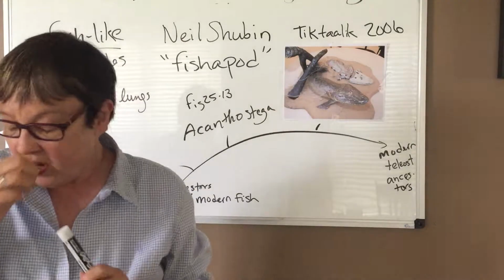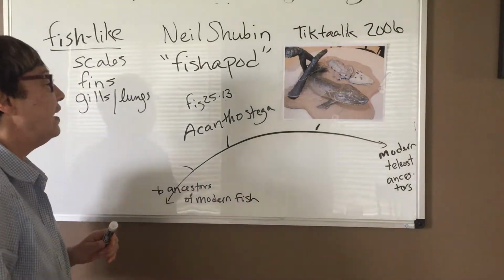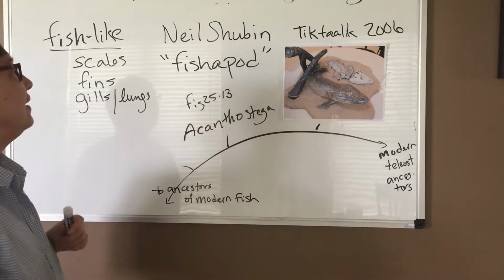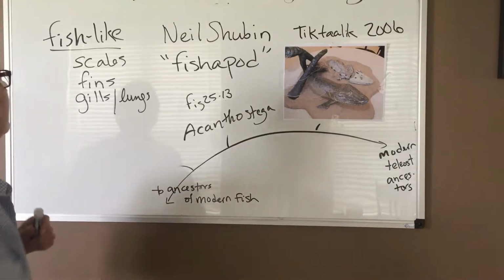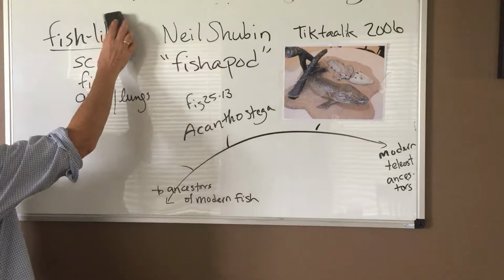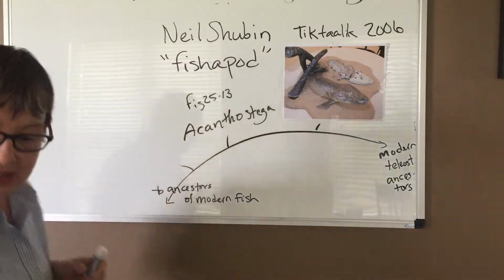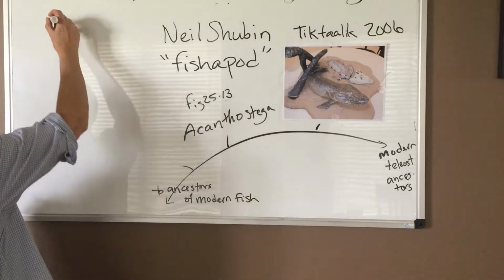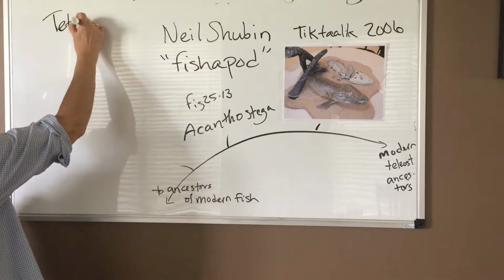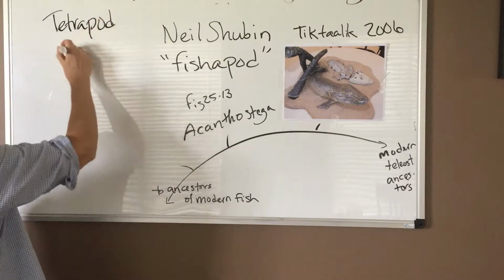Now, it has a number of characteristics that link it to land animals, and so I'm going to list those here also. So these are tetrapod features.